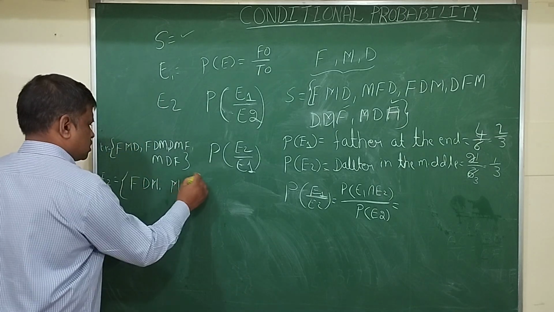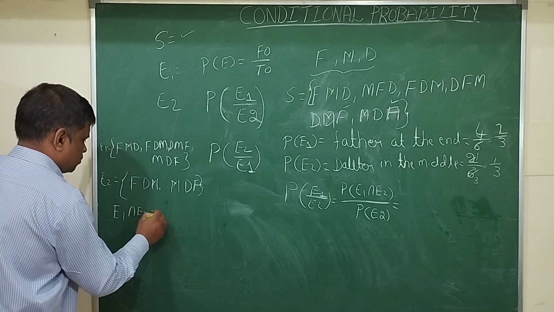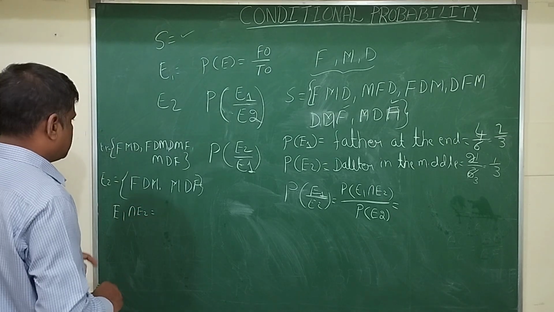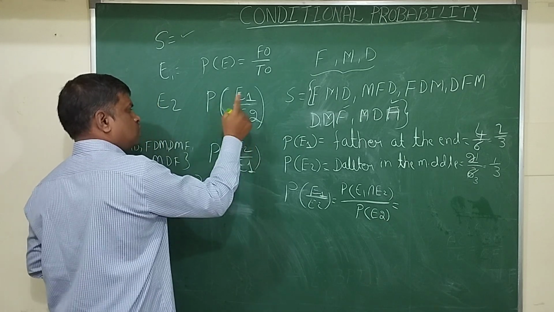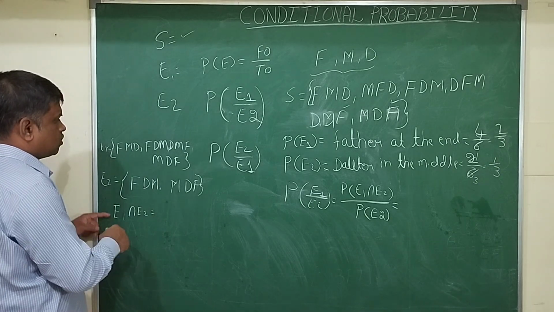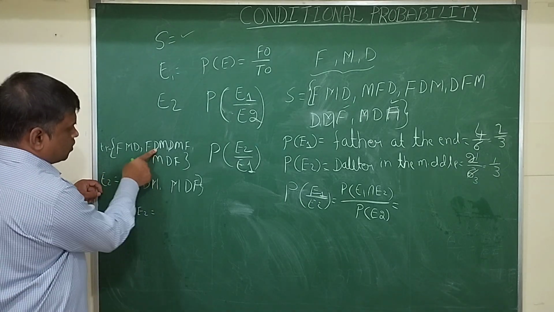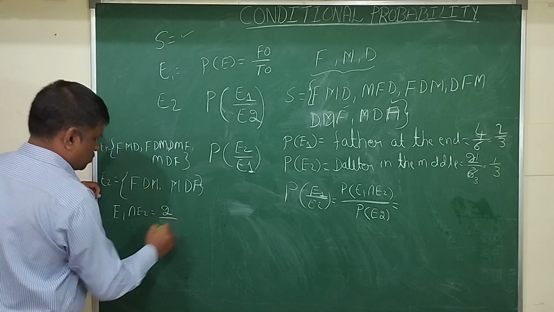So what is the intersection of these two? This is taking the probability of E1 with respect to E2. Intersection of these two, the common things are FDM and MDF. Two possibilities.